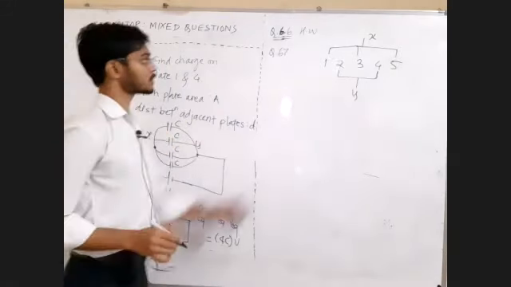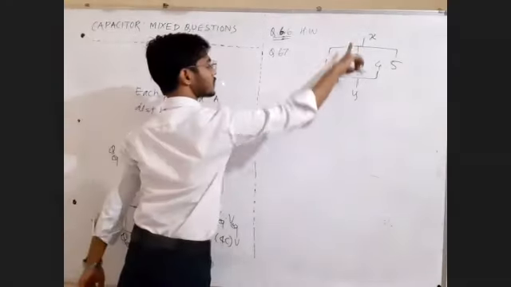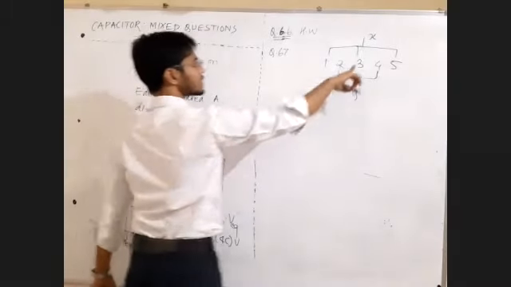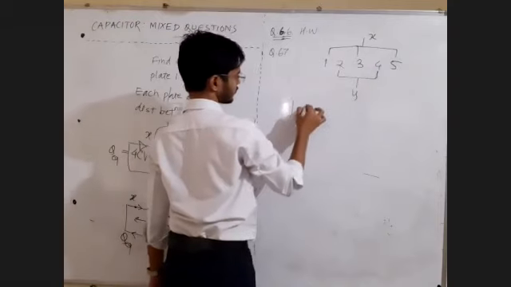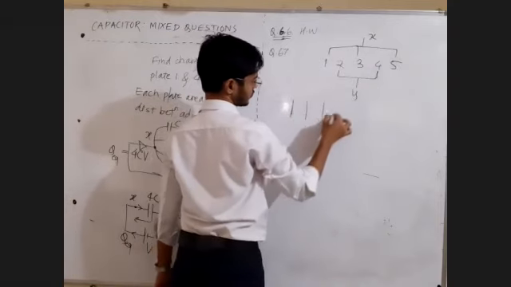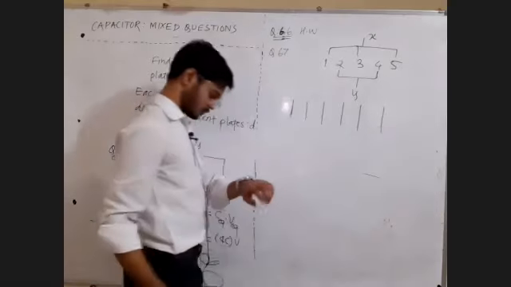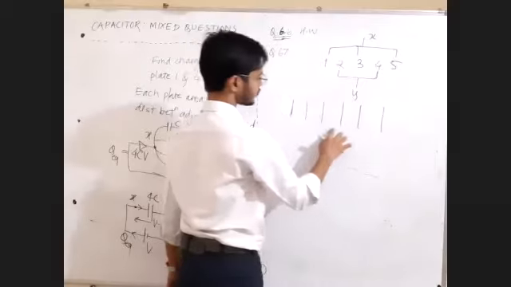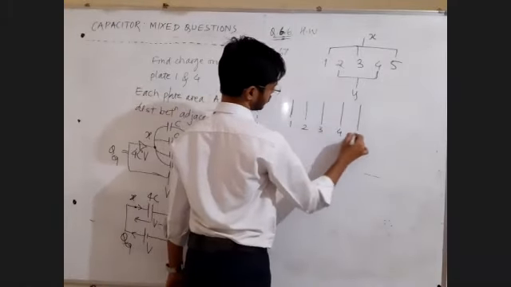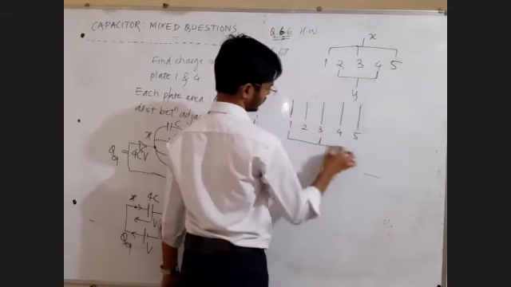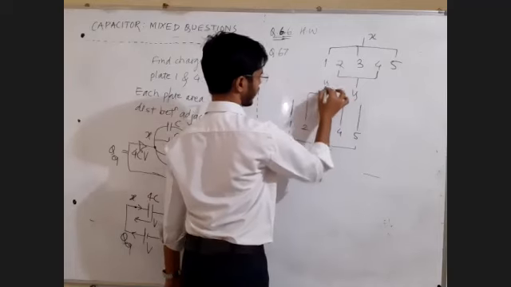So the first capacitor was between plate 1 and 2. 1 means X and 2 means Y. Which plates are connected to X? Check once again. 1 2 3 4 5. 1, 3 and 5 connected to X. 2 and 4 connected to Y.